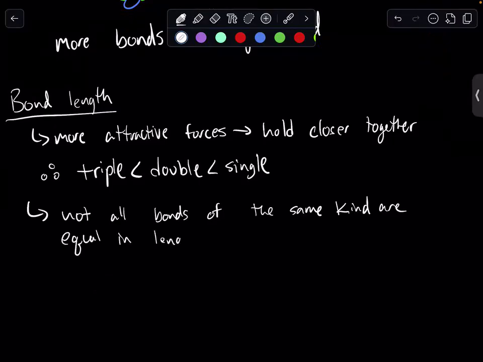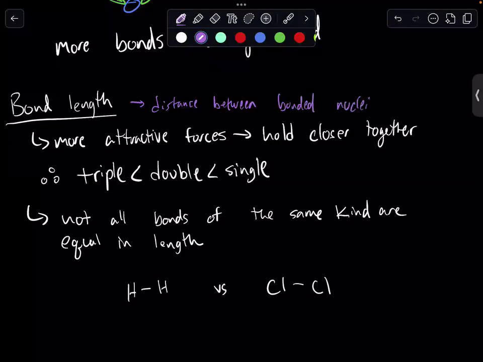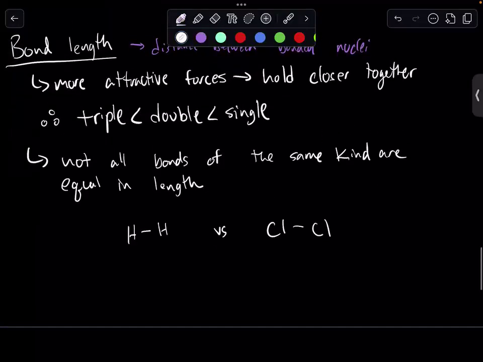If you look at hydrogen bonded to hydrogen versus chlorine bonded to chlorine, well, bond length is actually defined as just the distance between bonded nuclei. And this one, hydrogen bonded to hydrogen, is the overlap of two s orbitals, which is going to be a very small distance.